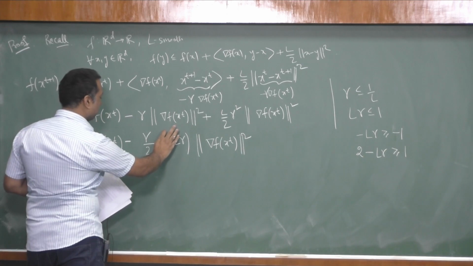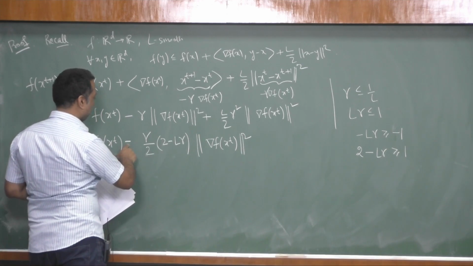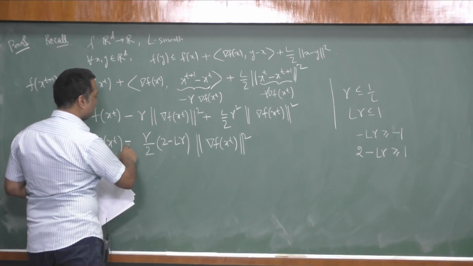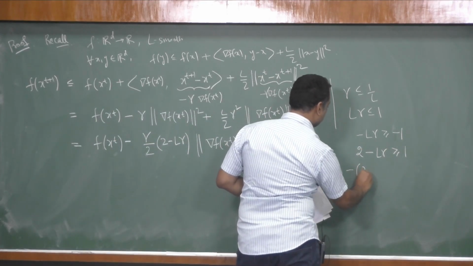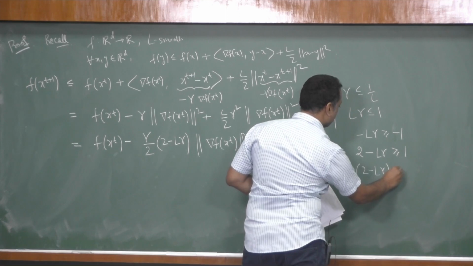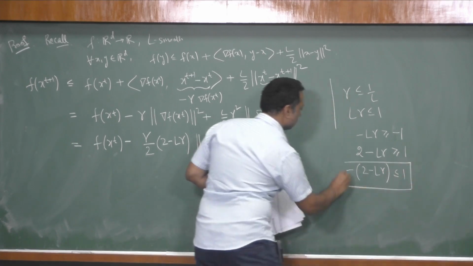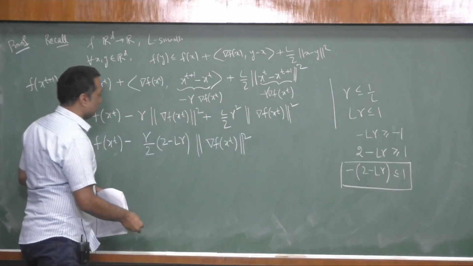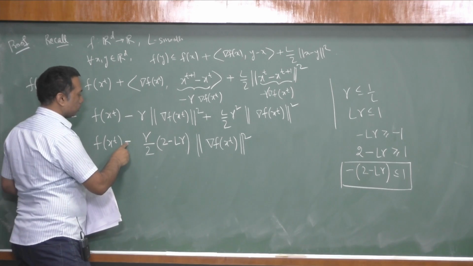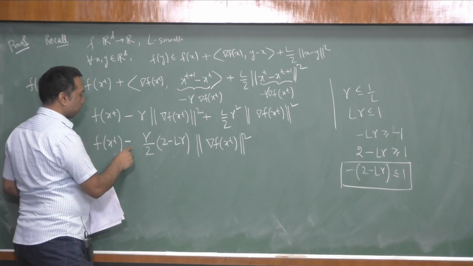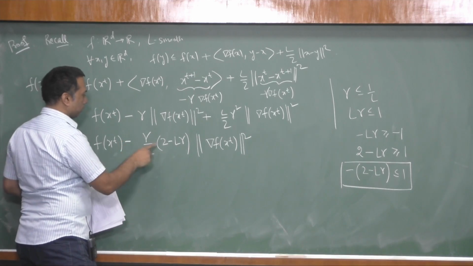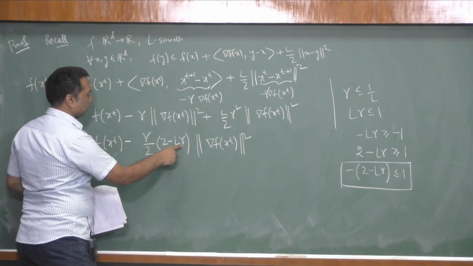So 2 minus L gamma is greater than equal to 1, meaning if I drop this guy, and since it's a negative, right? In other words, if I multiply by negative here, minus of 2 minus L gamma is less than equal to 1. So I substitute minus of 2 minus L gamma by 1.